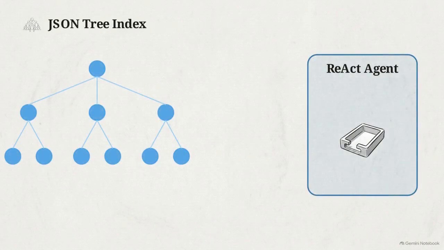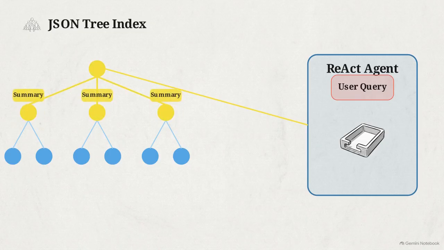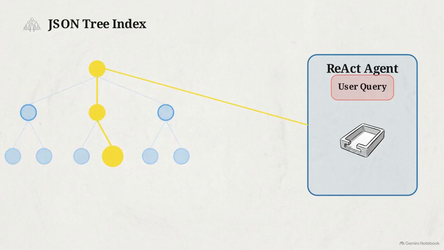At the inference stage, here is how a user's query is executed using this new JSON tree index. The agent receives the user's prompt, and we pass the entire JSON tree directly into its context window. The agent utilizes its ReAct loop to logically reason over the top-level JSON summaries, bypassing the need to query a vector space. By analyzing those summaries, it deduces which specific subnode contains the required information.